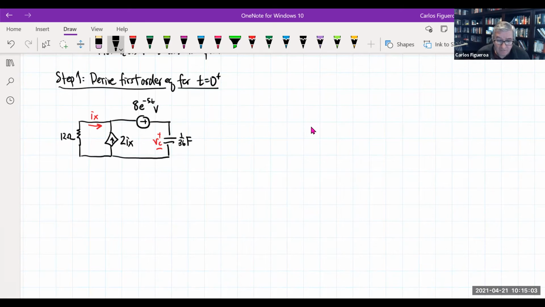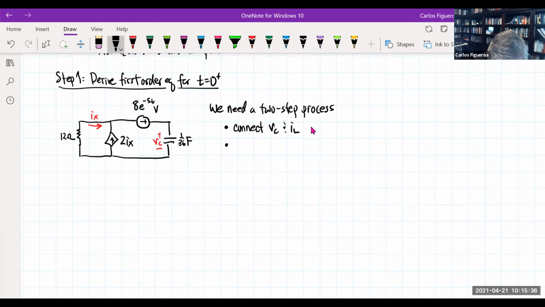So the first thing that I notice here is that I have a DC condition because I have a dependent current source. So this really is a two-step process. First thing that I got to do is write an equation to connect VC and IC.